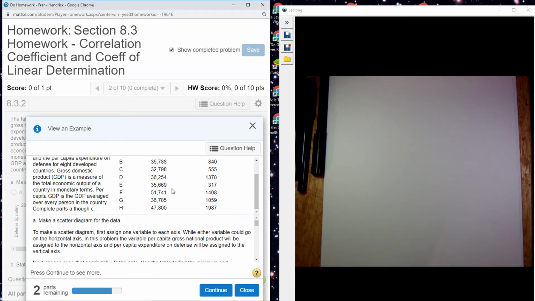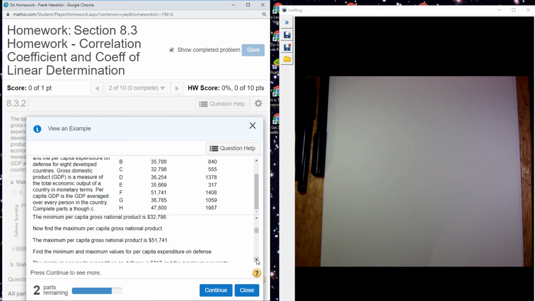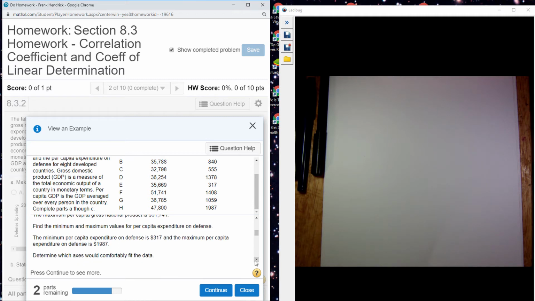So the minimum that's spent is 32. This tells us how we want to scale this and set it up. And the minimum GDP is 51. So the minimum and maximum expenditures are 317 here.